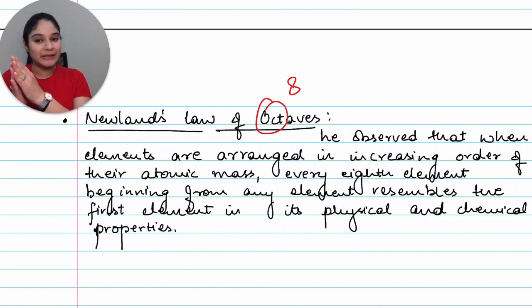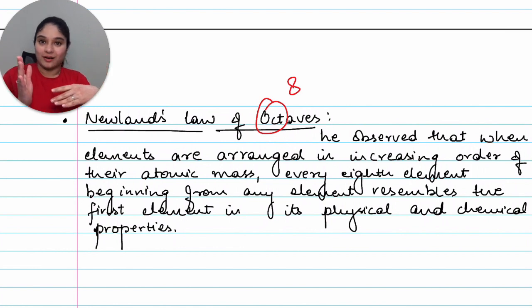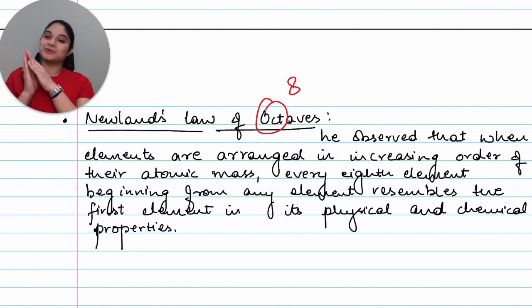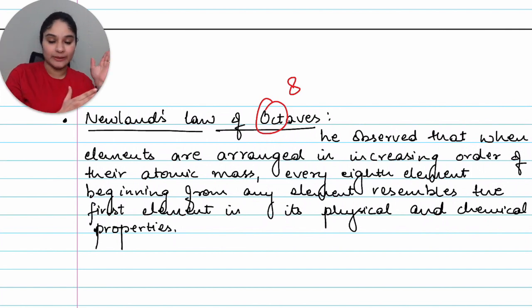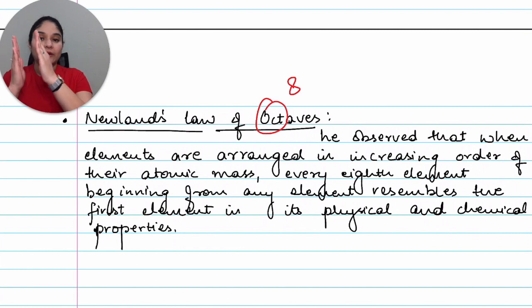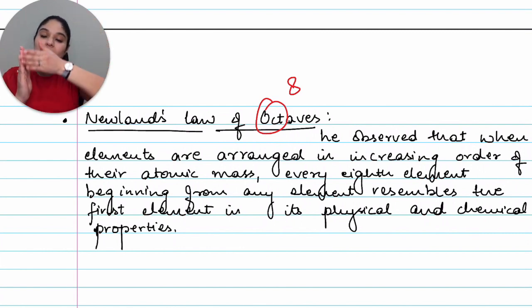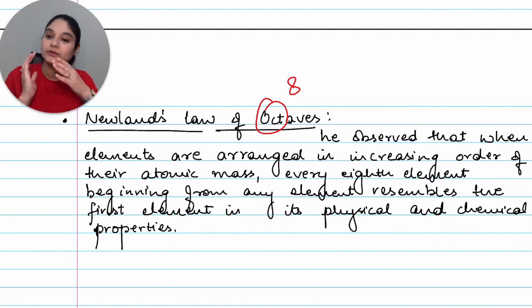This is the basic grouping, this is how you start understanding and learning music. So he used that logic, and he said that if I arrange all the elements in increasing order of their atomic mass, after every 7th element, the 8th that comes back is repeating the properties of the first element.